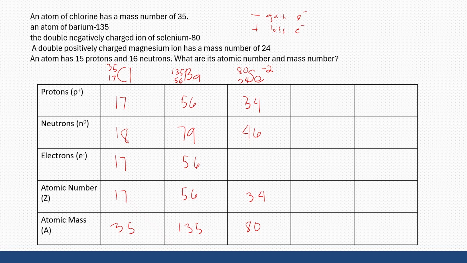Since we have a negative 2, which means that we gain 2 electrons, the 34 protons would be 36 electrons. So why do we add 2? Remember that this is a charge and we are adding the charge of electrons, which is negative. That's why for negative charges, we gain electrons, and for positive charges, we lose electrons.